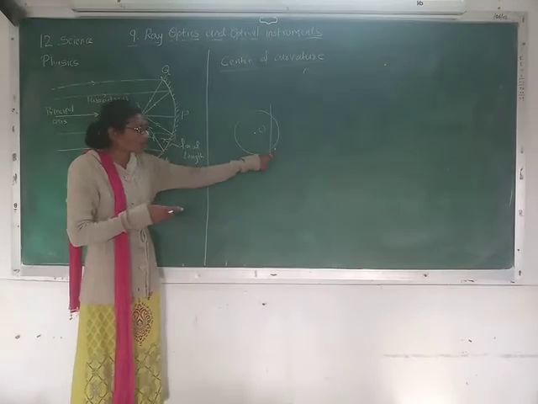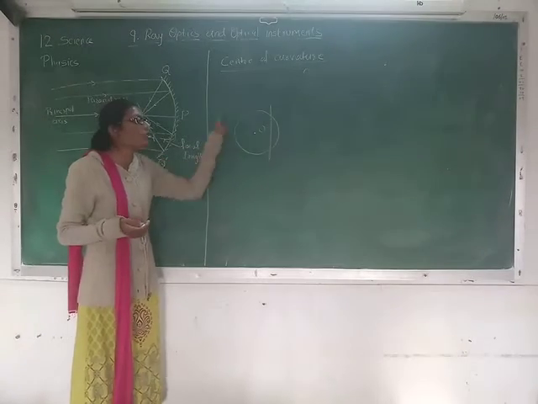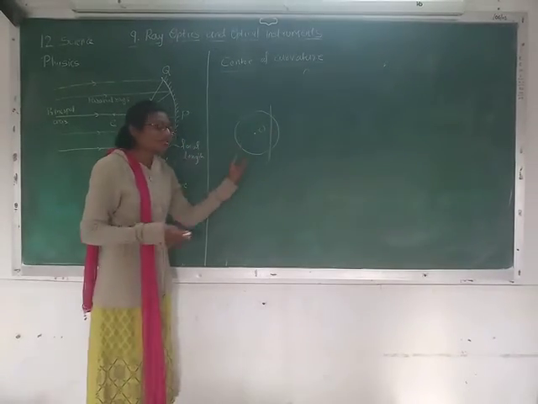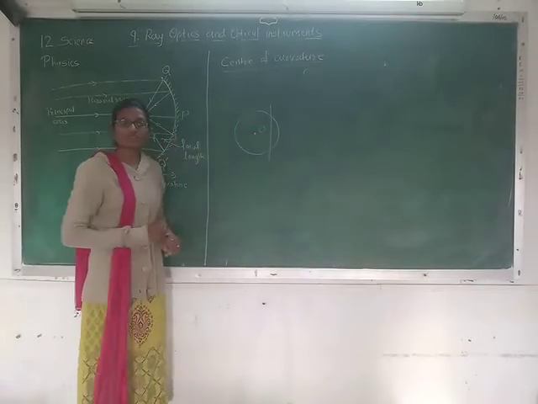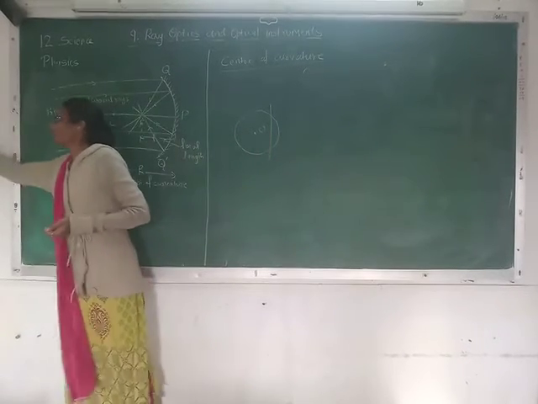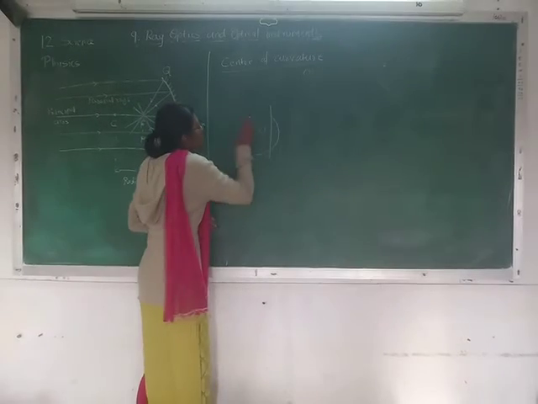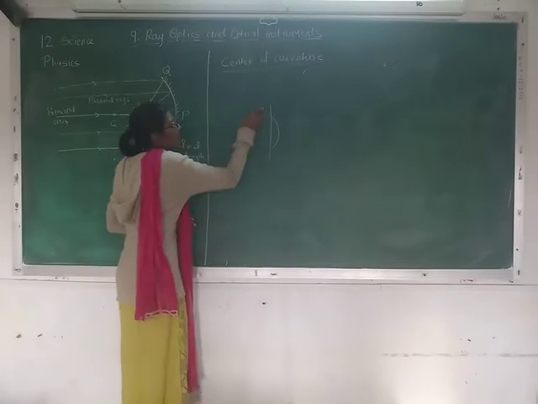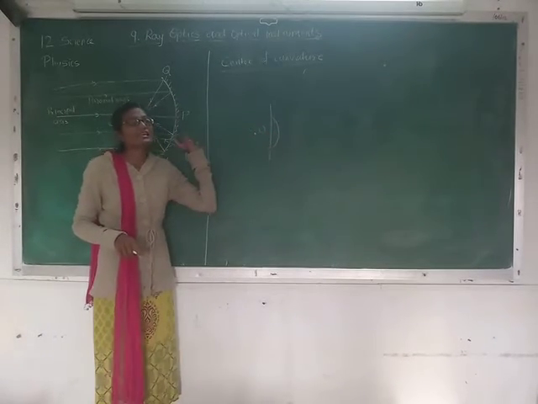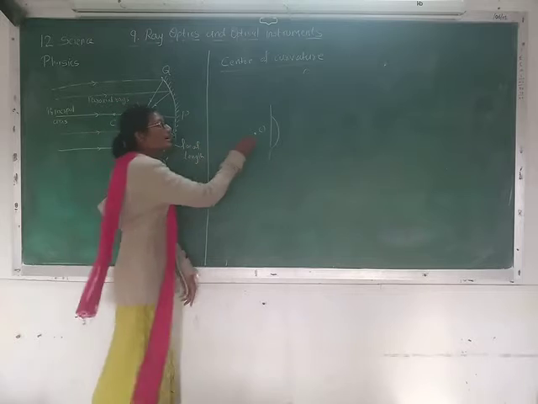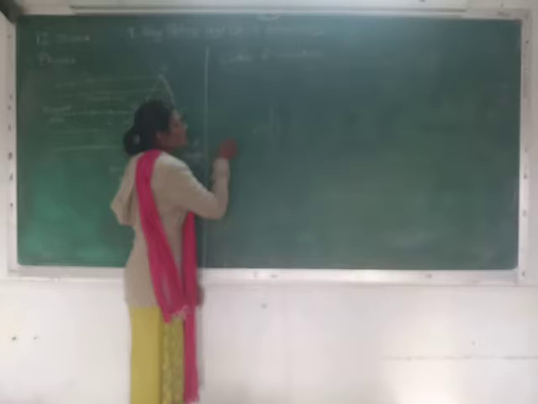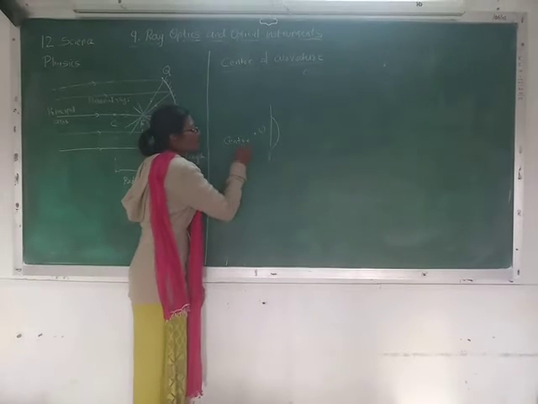If it was the whole spherical shell, then this is the center of the shell, right? Now from this we cut this part and make this portion the concave mirror, but the center remains the same.